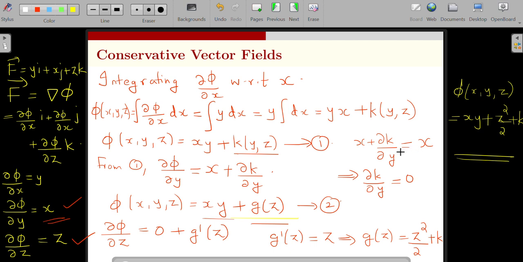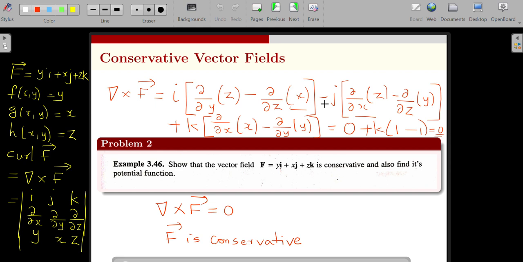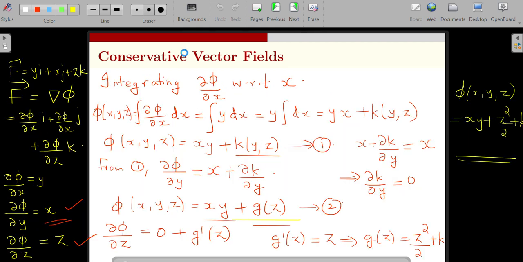So our scalar function will be phi of xyz equal to xy plus z square by 2 plus k. That is our scalar function, and that is what was asked to show in this particular problem. I hope that it is clear to you. Now let us move on to the next problem.